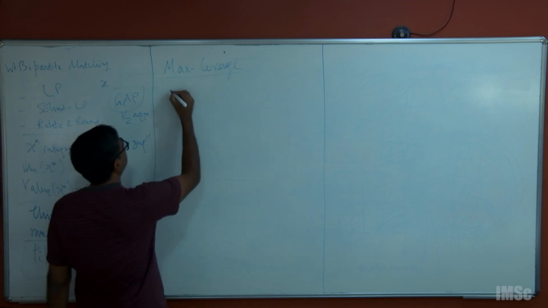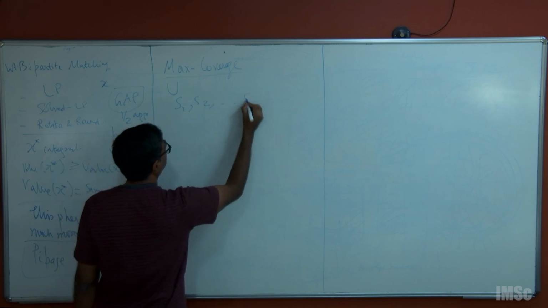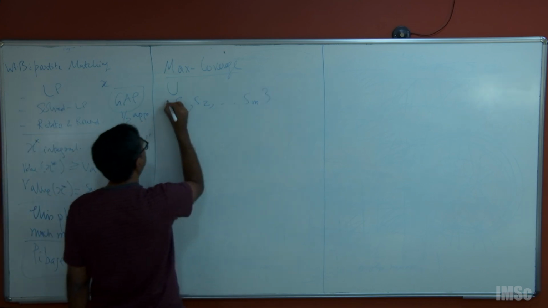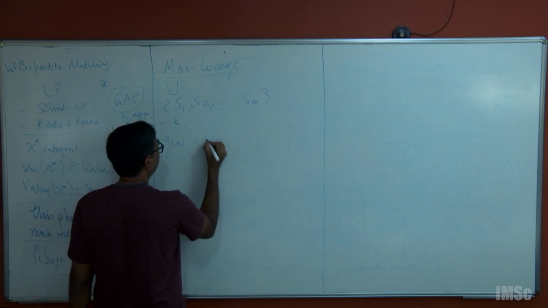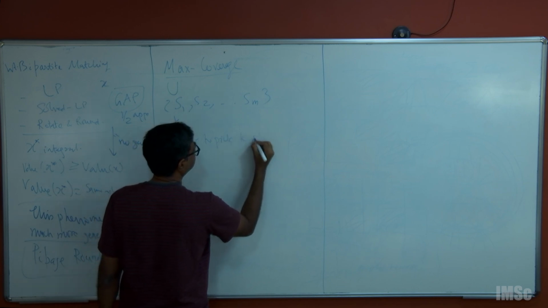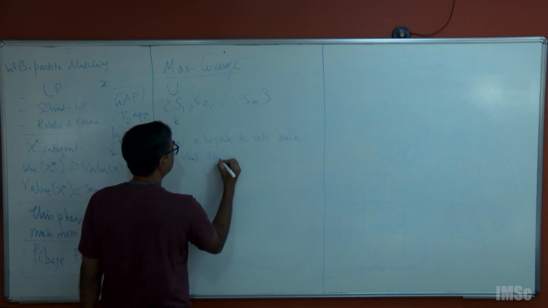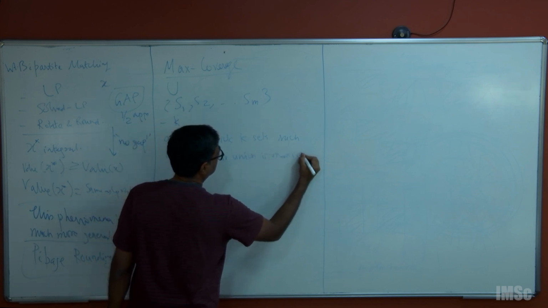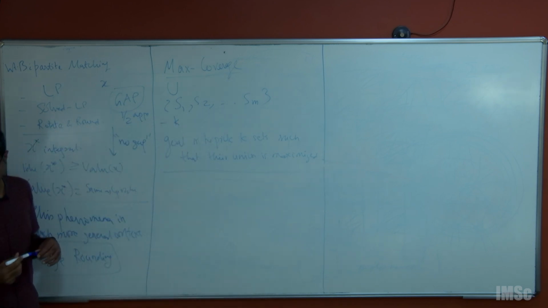If you recall, you have a universe, and you have some sets S1 to Sm, and you have been given an integer k. The goal is to pick k sets such that their union is maximized. So I want to pick k sets from S1 to Sm such that their union is maximized.